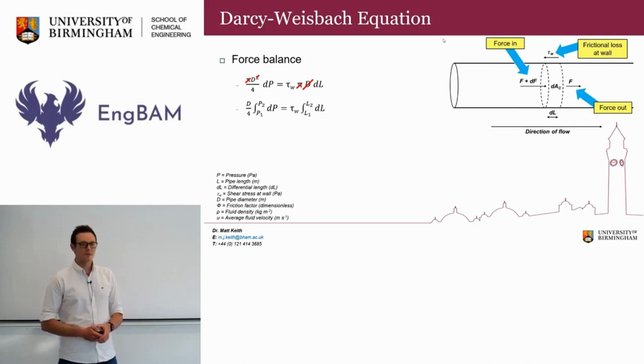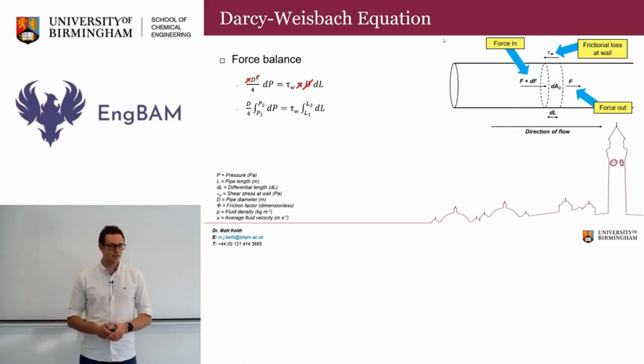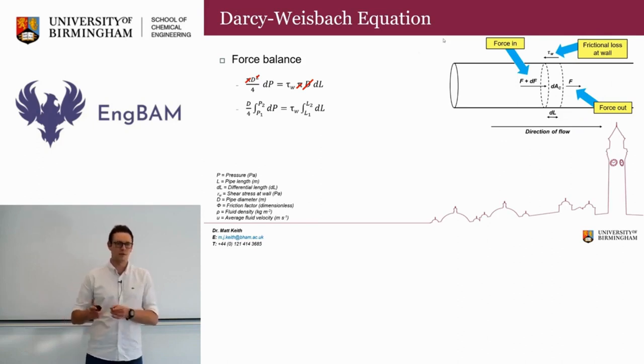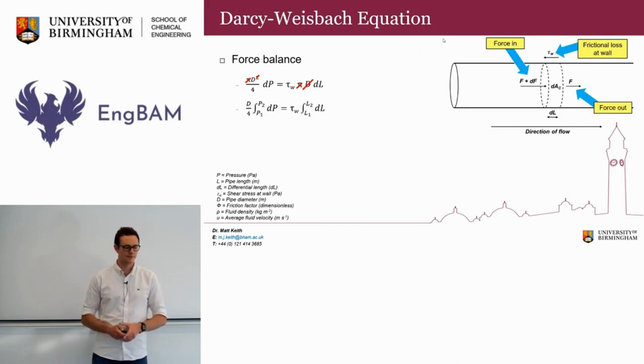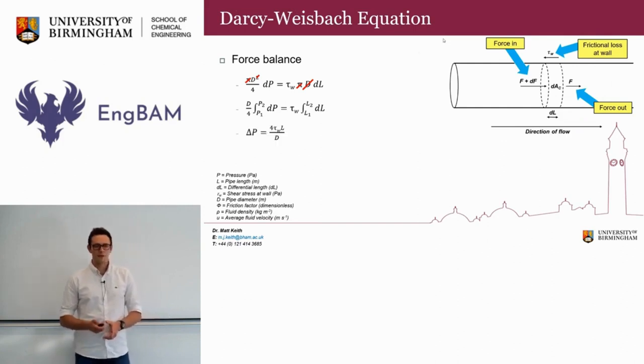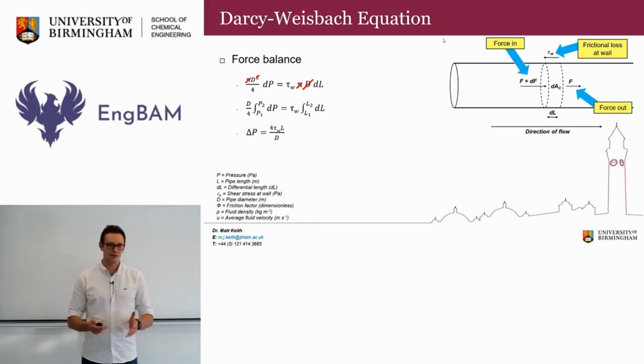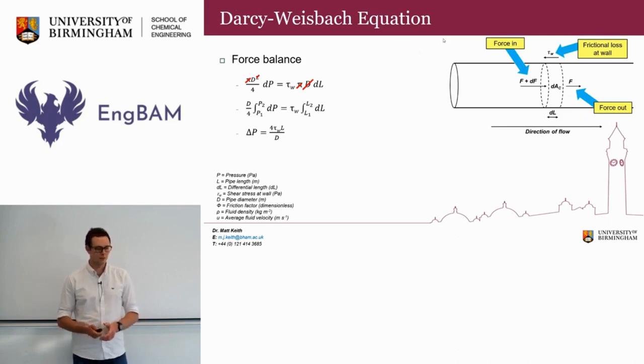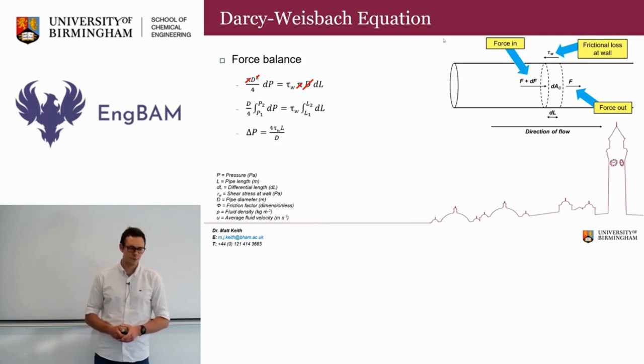So we need to integrate both sides of this equation between our two points, P1 and P2, which is our pressure loss between points L2 and L1. And that means we end up with an expression for P2 minus P1, or delta P. So we have delta P is equal to 4 times tau W times L divided by pipe diameter.